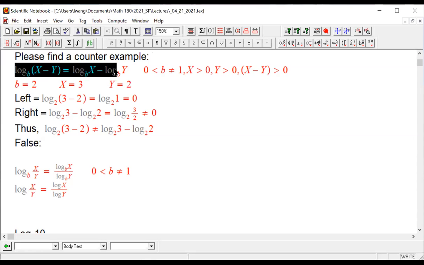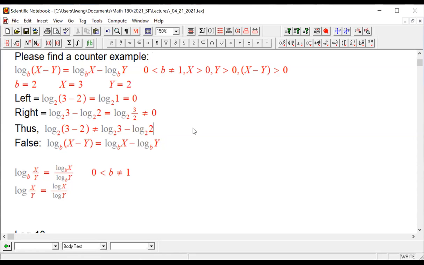So this whole thing is false. This is the false one we just described. False once, false. For that particular base, for that particular X, that particular Y, it is false. In that case, this entire statement is false.